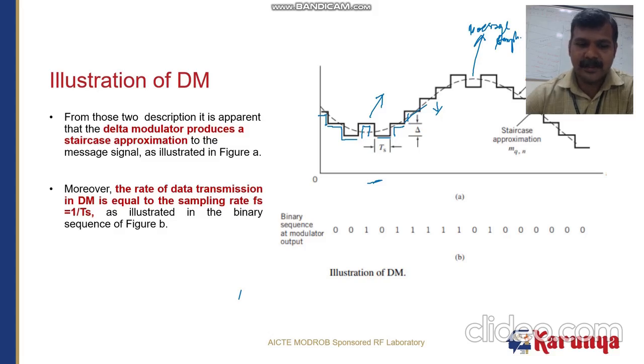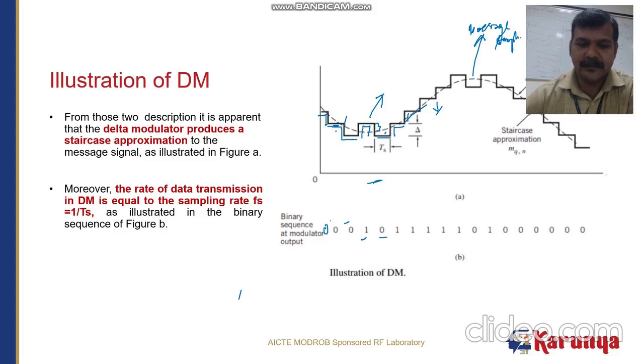So here you can see minus del, you give 0. Again here the staircase approximation goes below the message waveform, so it is 0. Then again it is 0. So to start with it can be 0. Then you have plus del, this is the plus del quantity, you get 1. Then again this is 0 because of the minus del quantity.